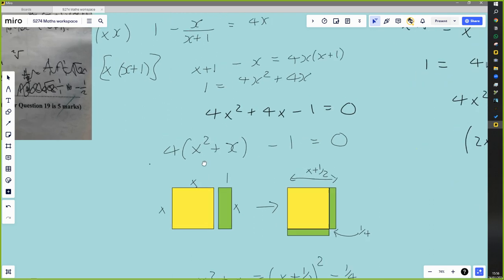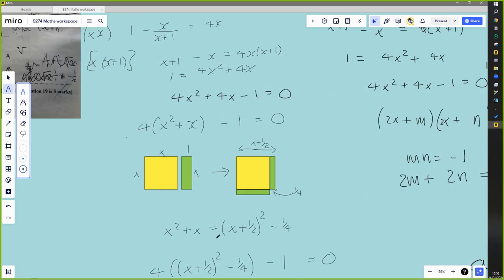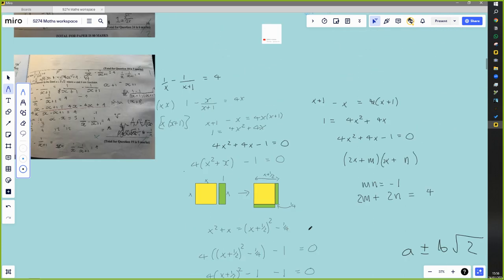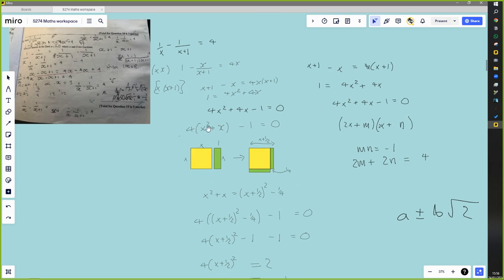So I reminded myself how to complete the square, and I showed that x squared plus x is equal to x plus a half all squared minus a quarter. So where originally we had x squared plus x, I wrote this down instead, because that's what it is equal to.